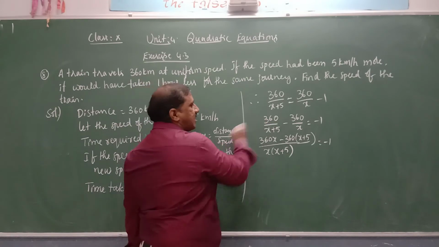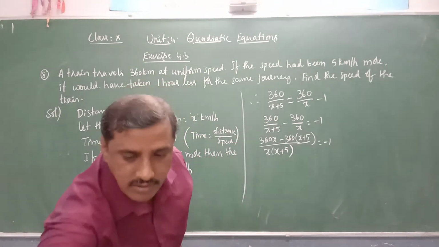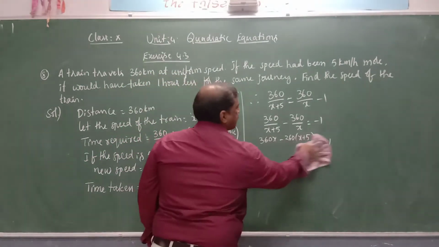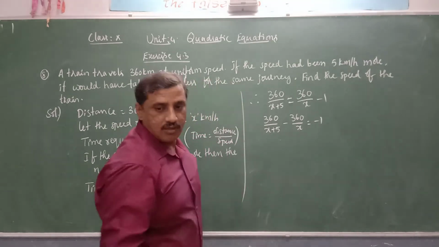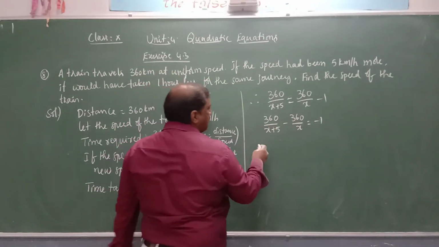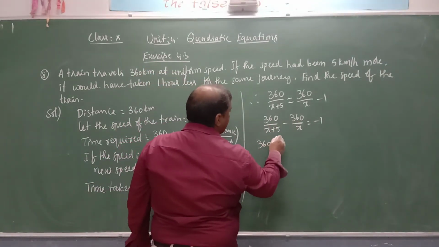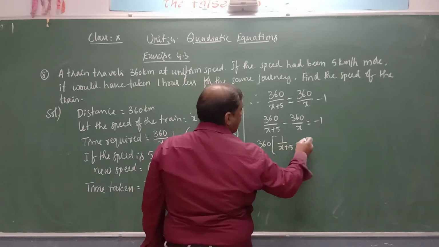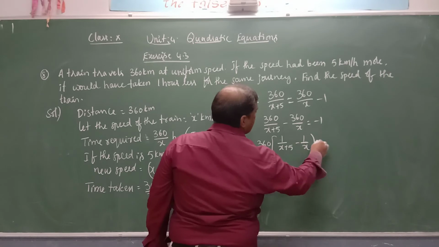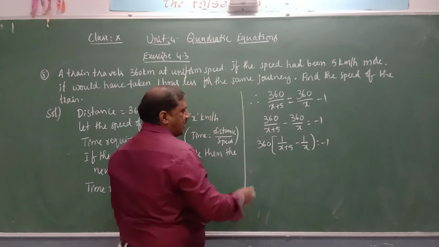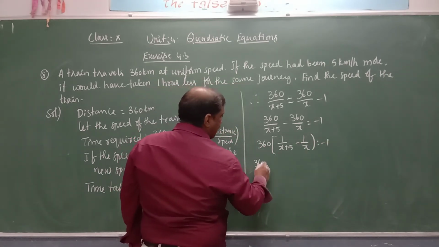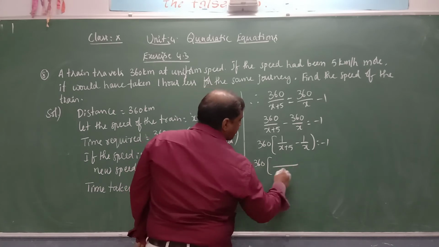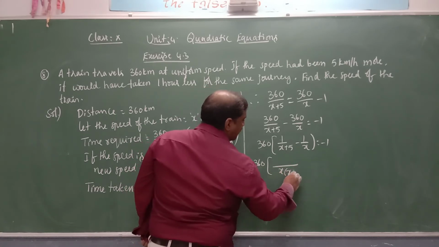Or here we can take 360 common and we can do it still easier than this. So from this I am taking 360 common, then what I get is 1 divided by x plus 5 minus 1 divided by x, that is equals to minus 1. Now 360 into, take LCM, here it is x into x plus 5.